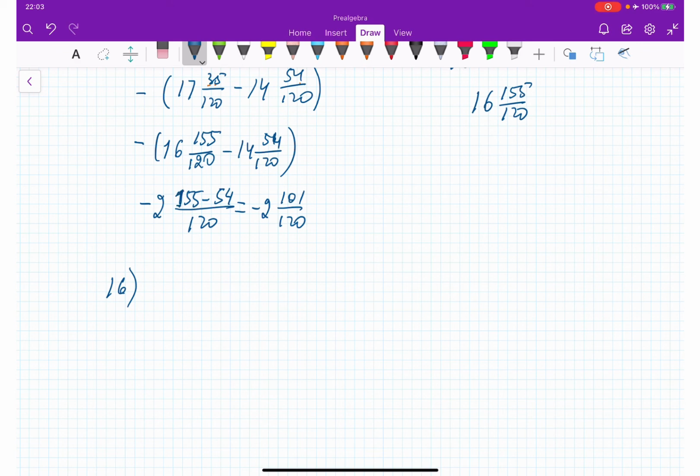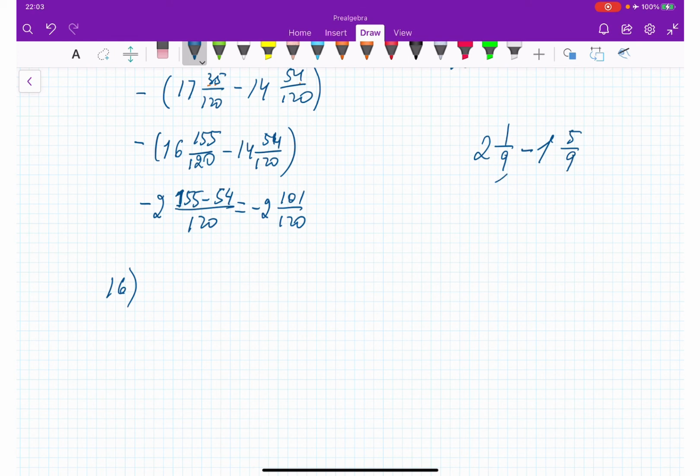Let's assume I have 2 and 1/9 minus, let's say, 1 and 5 over 9.